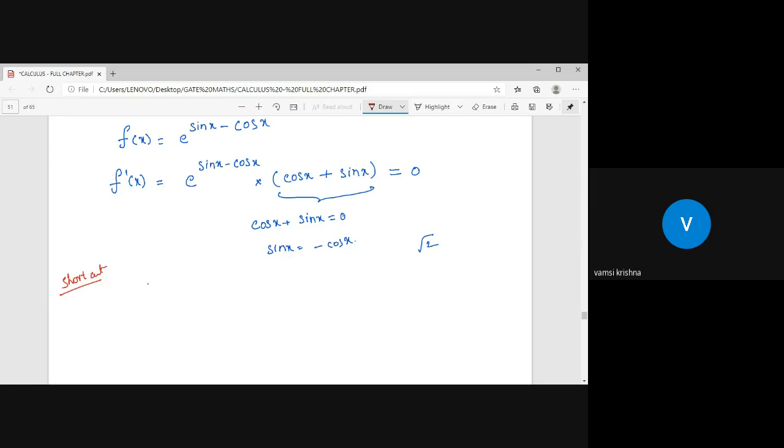That means if the given x is maximum, then e power x is also maximum. Similarly, in the same way, if your sin x minus cos x is maximum, I am talking about this part.